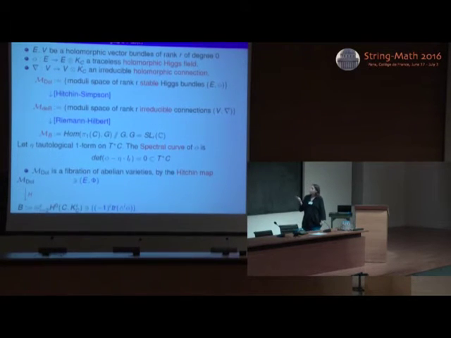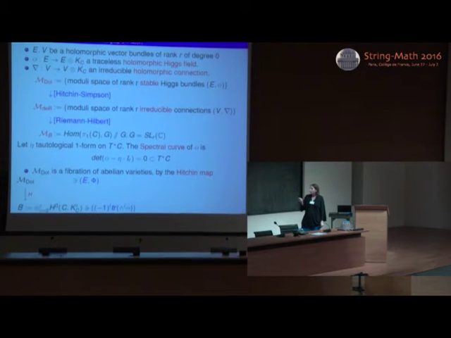So for the rest of the talk, we will focus on the case of the Lie group G is SL_R, and this forces E and V to be holomorphic vector bundles of rank R and degree 0. And in particular, the Higgs field has trace 0. So it's a holomorphic Higgs field with trace 0.